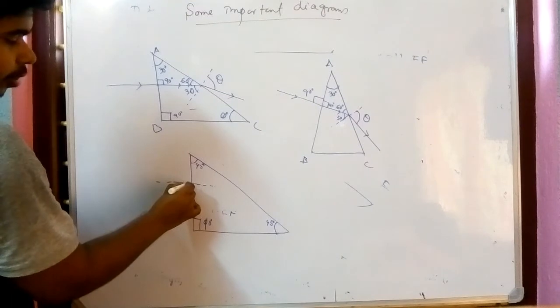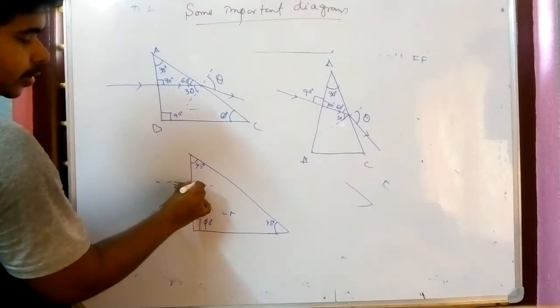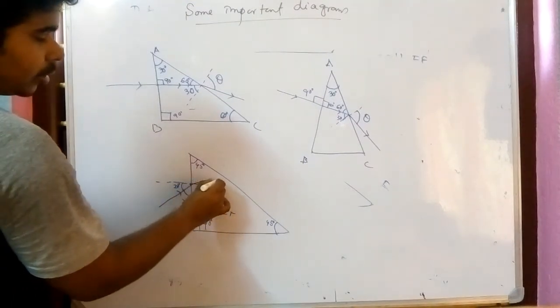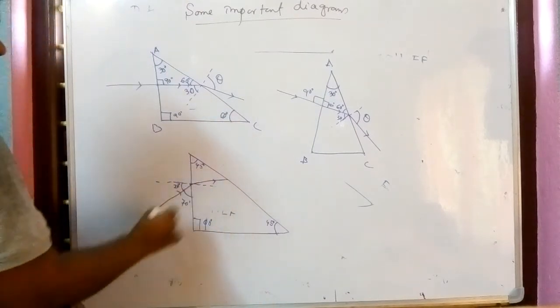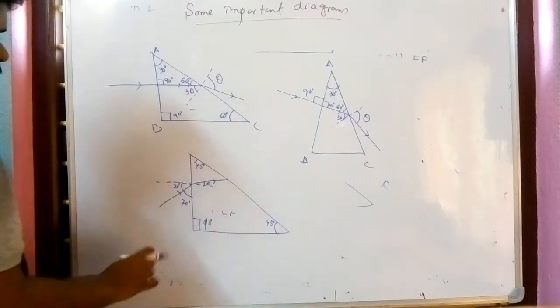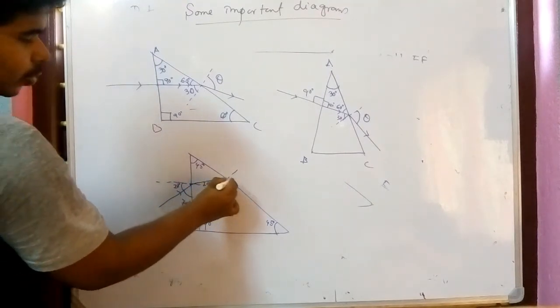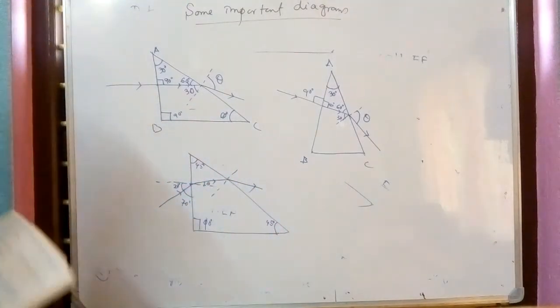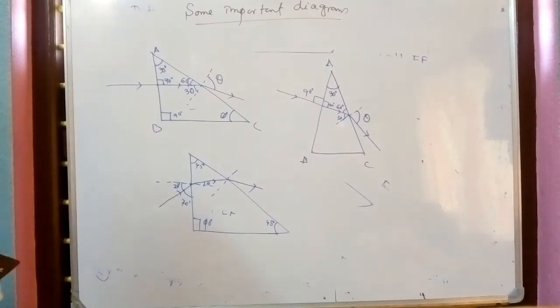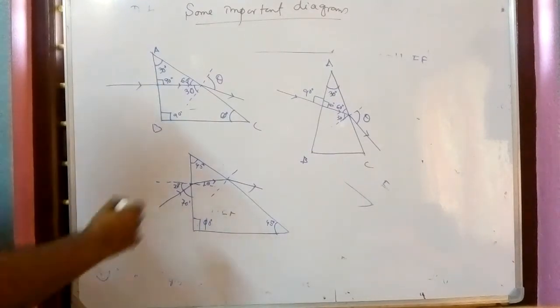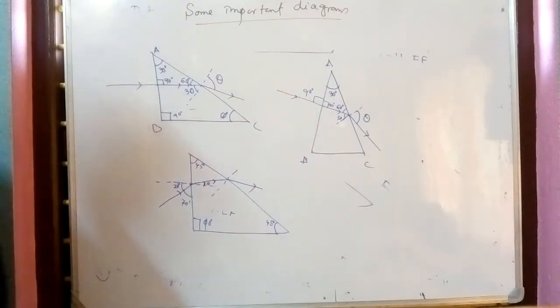So here the light ray will bend a little bit like this towards the normal, and it will reach here, and that angle we cannot predict, and when it will reach this point it will move away. Okay, and here we cannot mention what angle it should be.